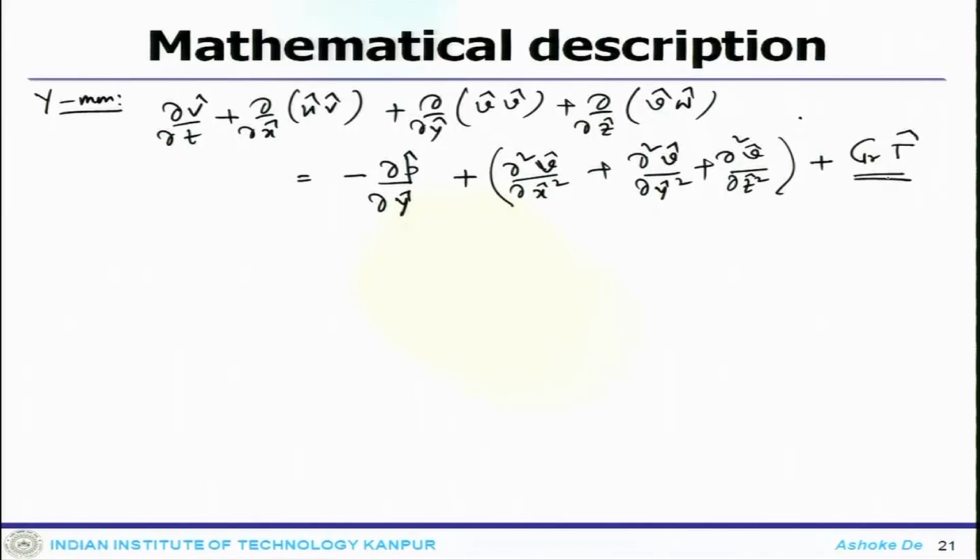So, look at this particular term. That is a non-dimensional parameter which is coming there, and the z momentum equation will be again similar. So, there will be no extra term.